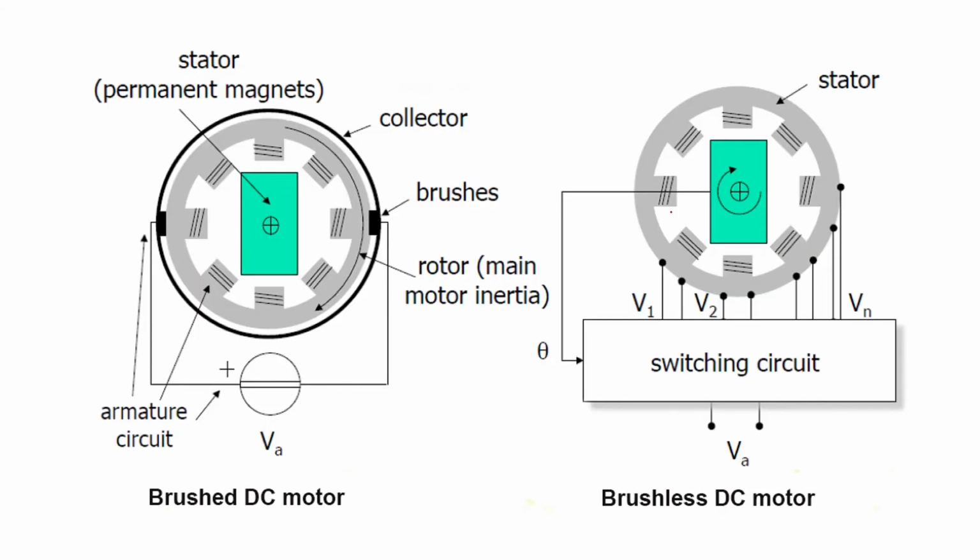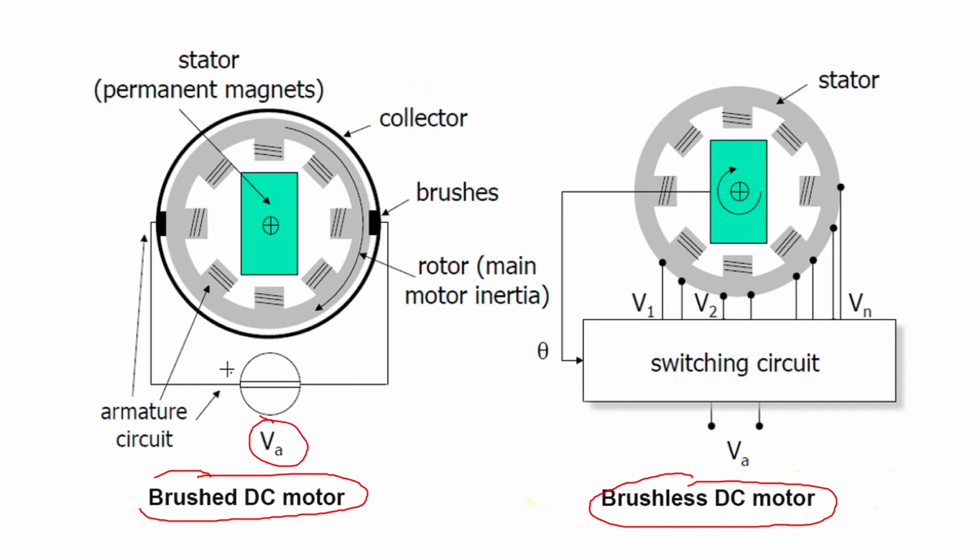Then here we have shown one more diagram where you can see a brushed DC motor, that is a DC motor which has brushes between its electrical connection and armature winding, and a brushless DC motor where there are no brushes. If you apply a voltage VA, it is applied to the brushes. Here you can see a brush here and a brush here.